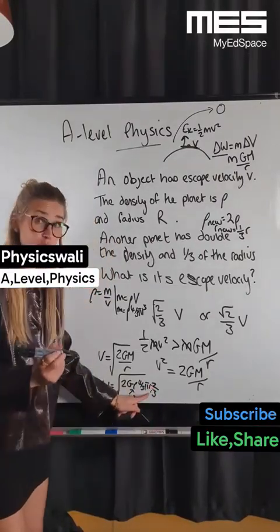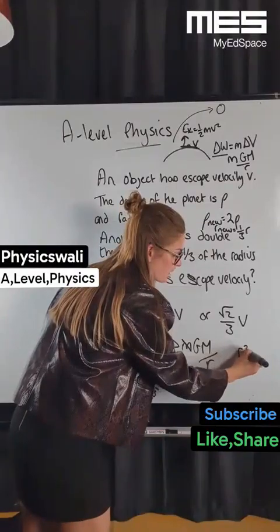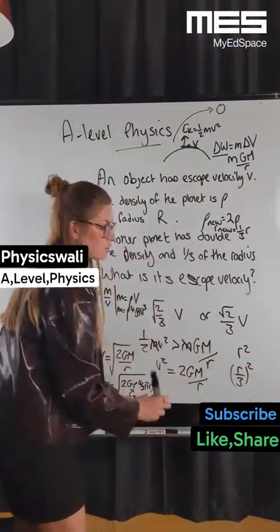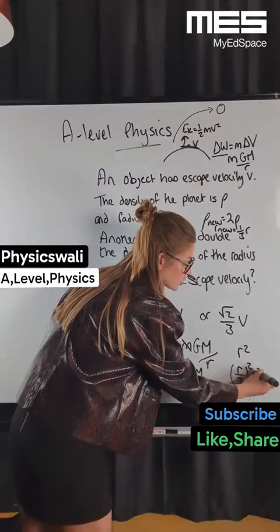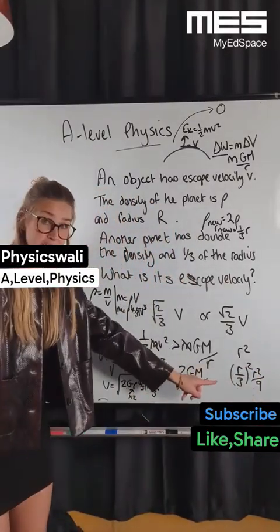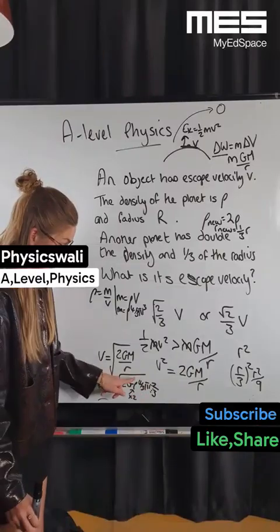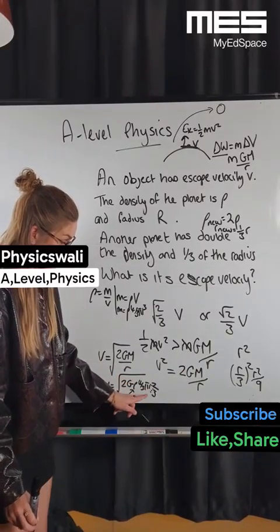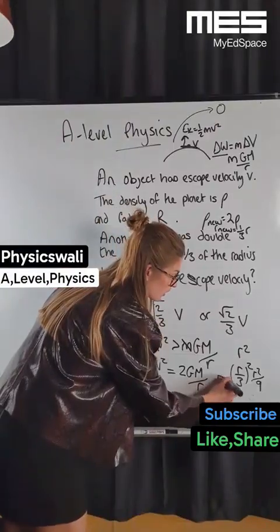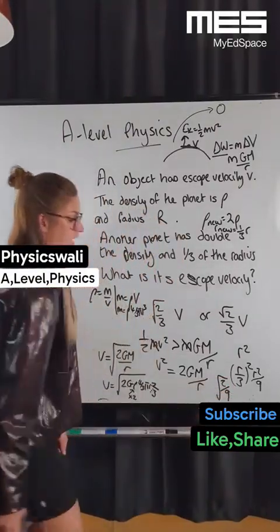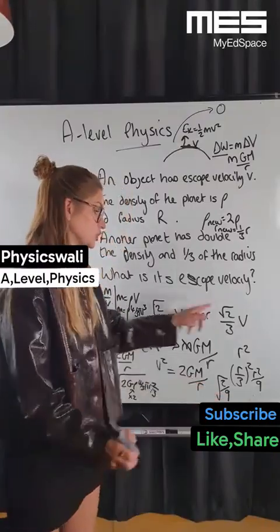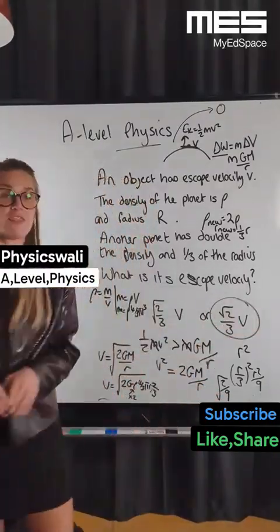But the radius is squared, so if my new radius is divided by 3 and then we square it, really what we have is the radius squared over 9. So we've dropped this fraction by a factor of 9. But it's inside the square root. So we've multiplied by 2 and dropped by a factor of 9, all inside the square root. So what we have now is the square root of 2 over 9, and the square root of 2 over 9 is going to be root 2 over 3. So root 2 over 3 gives me that option.